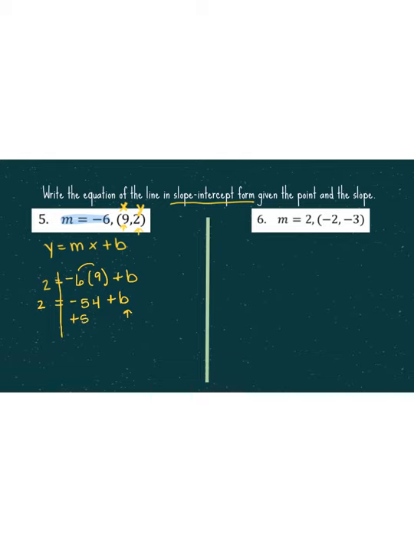So the opposite of minus 54 is plus 54. If I add 54 over there, I also have to add 54 over here. 54 plus 2 is 56, and that's going to equal what we have left there. Our 54s are gone, so the only thing we have left is b. So I have b equals 56. So if I'm going to put that in slope-intercept form, we're going to say y equals negative 6x plus 56.